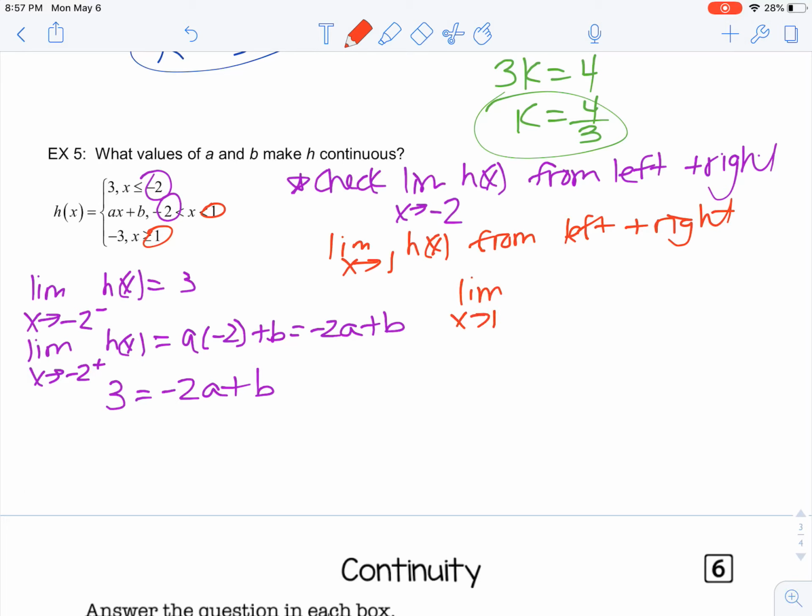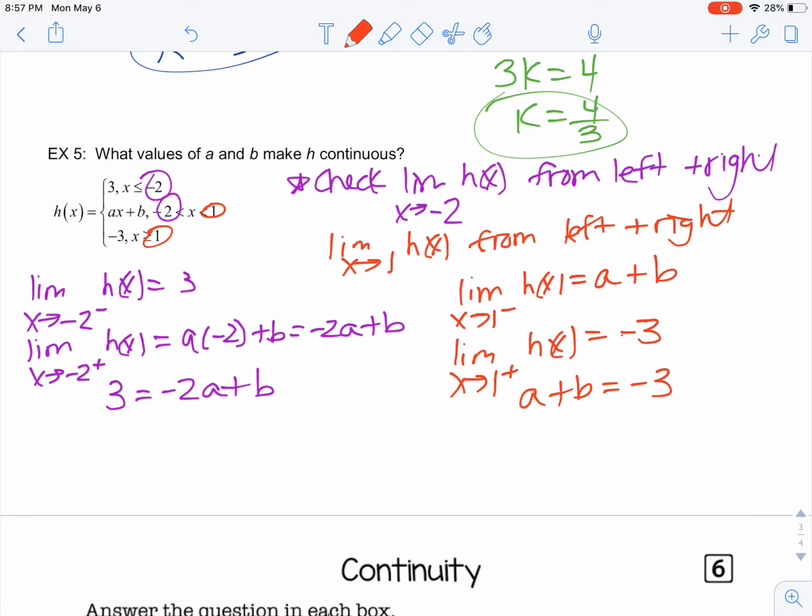Limit as x approaches 1 from the left of h of x equals a times 1, so a plus b. Limit as x approaches 1 from the right of h of x just equals negative 3. So my next equation, a plus b equals negative 3.